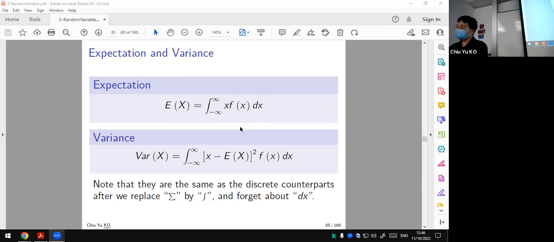It still means the same. If you repeat the experiment many times, every time you convert the outcome to a random variable and record those numbers, you calculate the mean, it's the expectation. Calculate the variance, it's the variance. So that's nothing new, same as discrete.